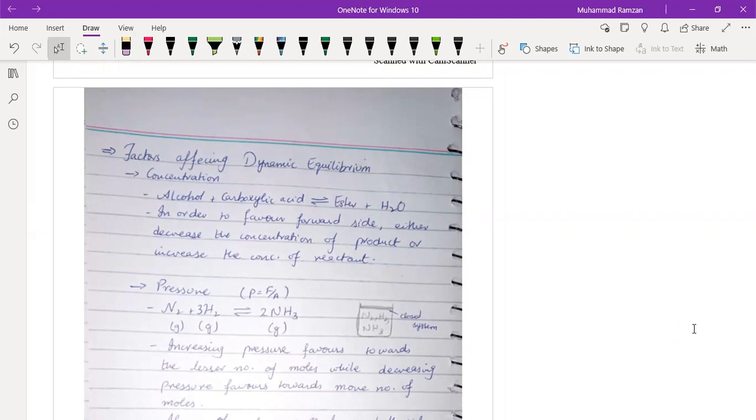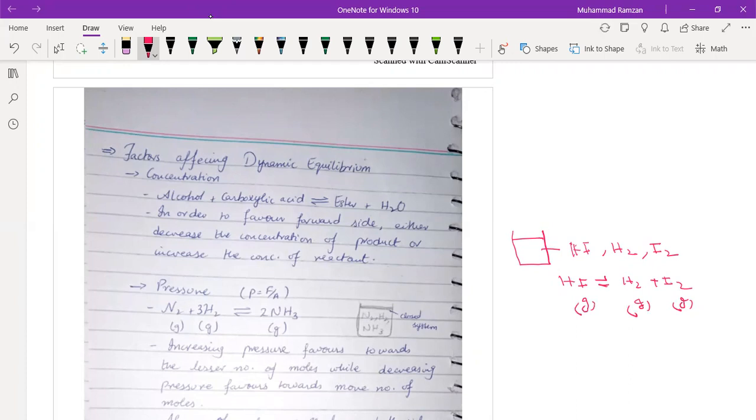For example, let's say you have a closed system, and in this you have HI, H2, I2, all gases, and there is a dynamic equilibrium: H2 plus I2 reversible HI. These are all gases.